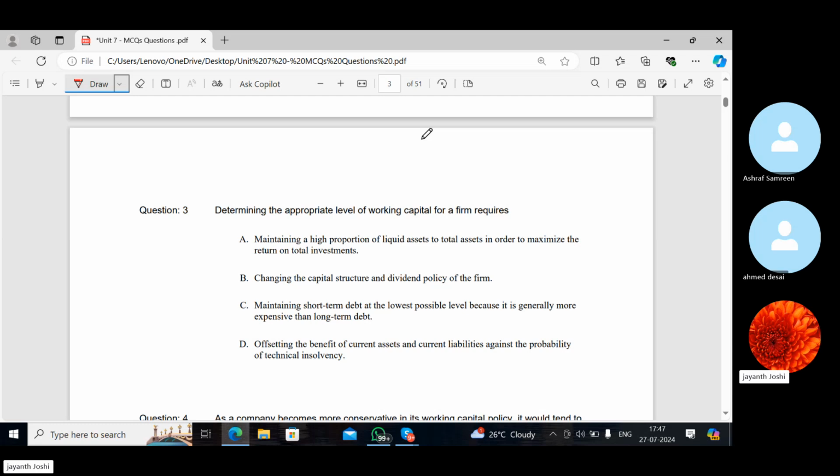See, determining the appropriate level of working capital for a firm requires maintaining a high proportion of liquid assets to total assets in order to maximize the return on total investments. This is not at all related to working capital. Change the capital and dividend policy, not at all. It's related to long-term capital, not working capital.